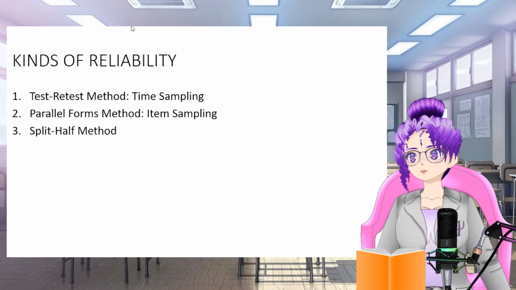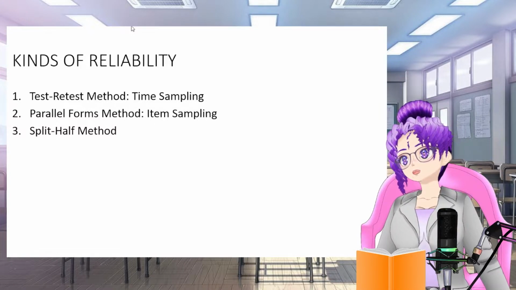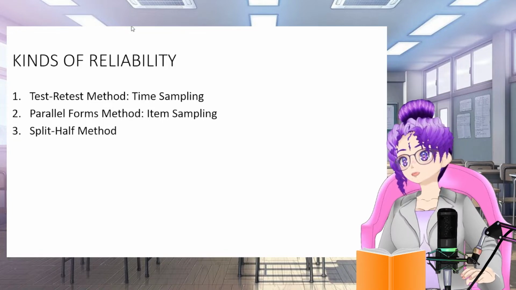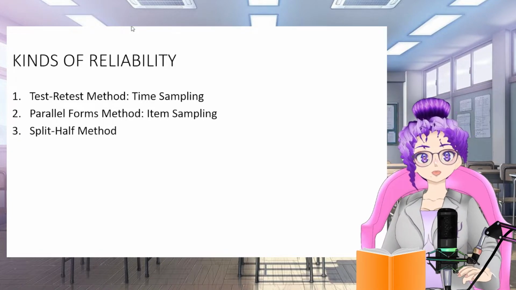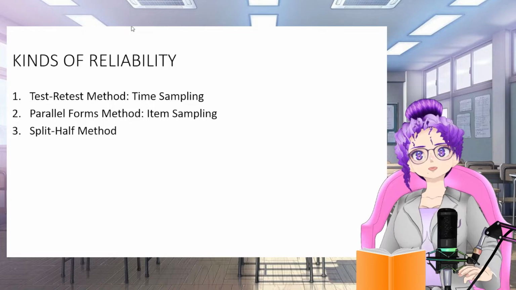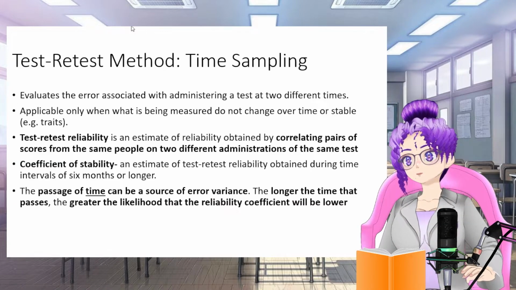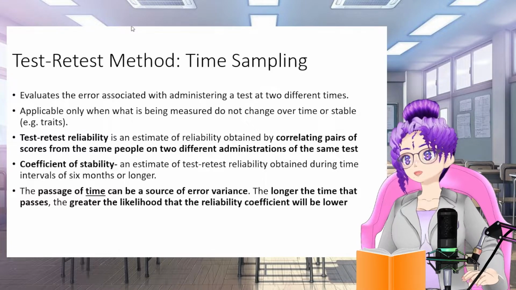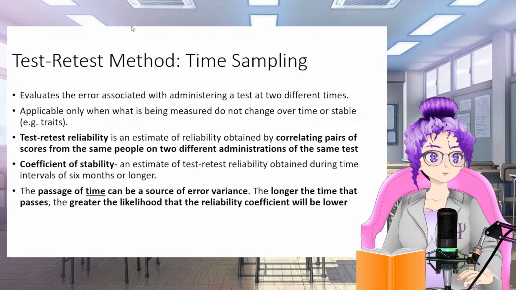The kinds of reliability here are the test-retest method or time sampling, the parallel forms method or item sampling, the split-half method, and of course the item consistency method. First, the test-retest method, or time sampling.